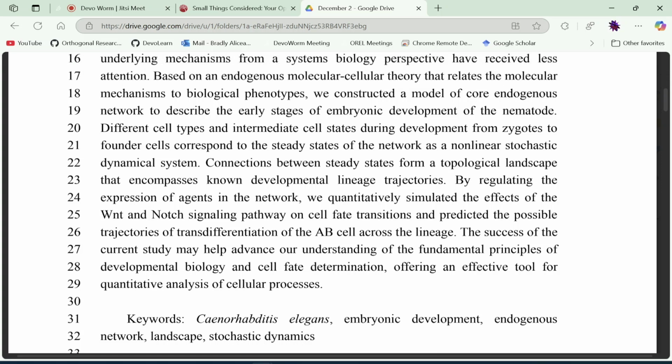So they're going to look at the Wnt signaling pathways and their effect on cell fate transitions. The Wnt and Notch are at the top of the network, and then there are other genes below that are going to be affected by that activity. And then they're going to look at the different trajectories of transdifferentiation in the AB cell across the lineage.